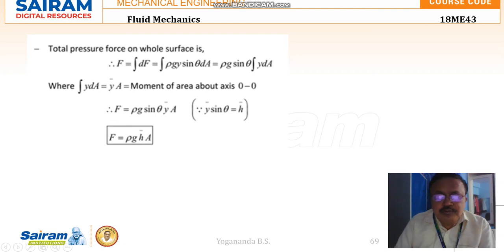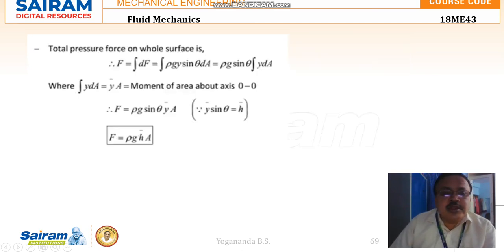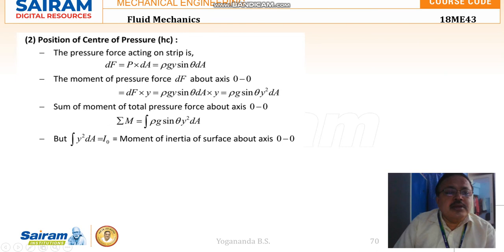Now we know h bar is equal to y bar sin theta. So in place of y bar sin theta, substituting h bar, we have F equal to rho g A into h bar.